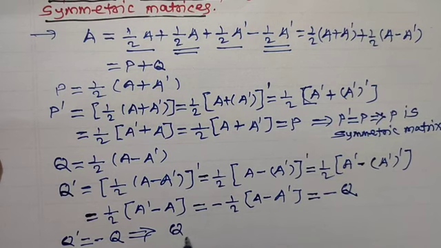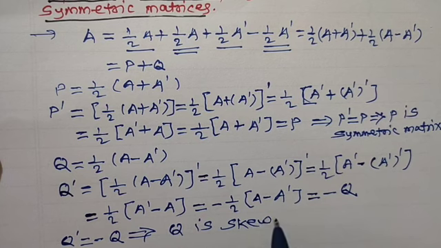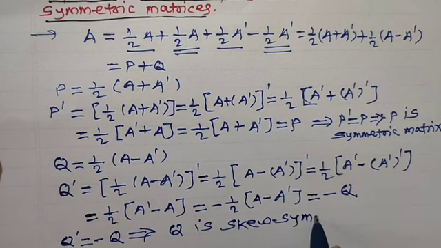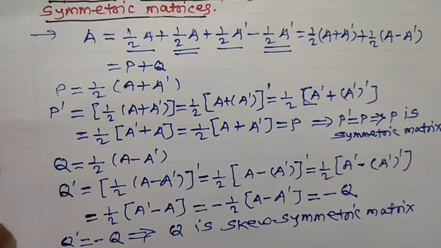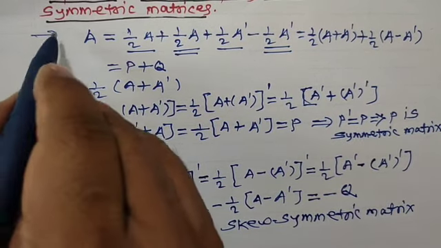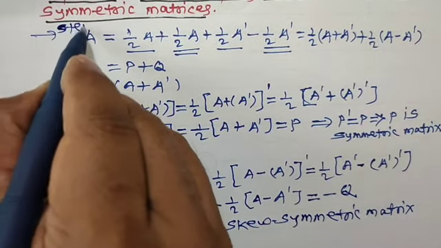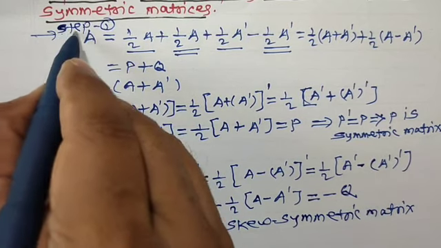This implies Q is a skew symmetric matrix. We have proved the first part of this theorem, that is step 1.